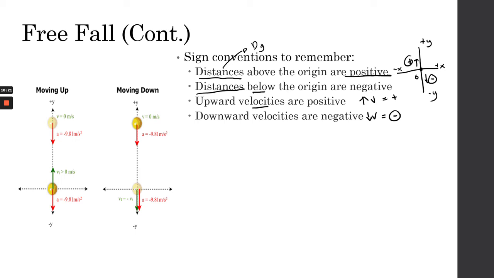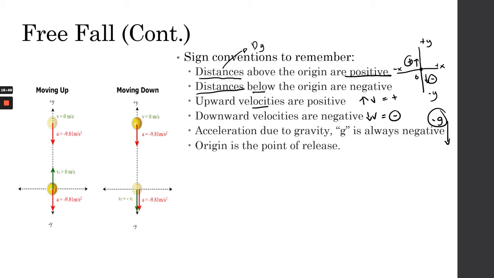It's not the value of the magnitude that is negative, it's just the direction. Moreover, the acceleration due to gravity, which is g, will always be negative because the acceleration that we'll be talking about will always be going down. So g will always be negative, hence negative 9.8 meters per second squared.